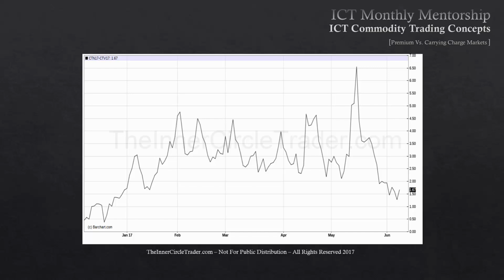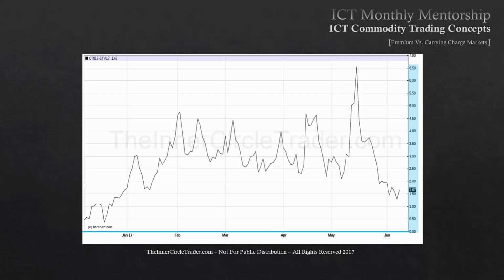The outcome is what you see here, and the significance of this is the zero line. Anything above the zero line represents the amount of spread that the nearby contract is trading above the next month out. Ideally, the larger the spread, the stronger the likelihood of a commercial bull market or a parabolic move.